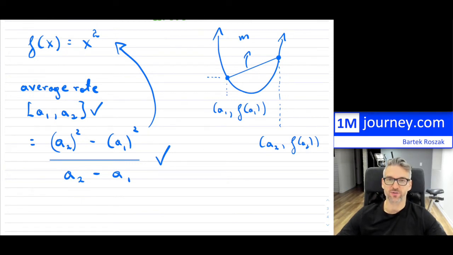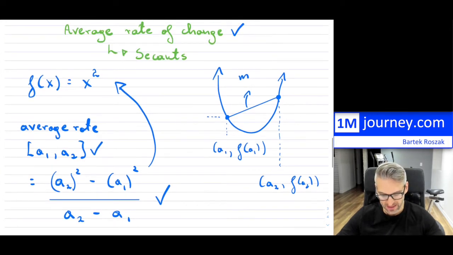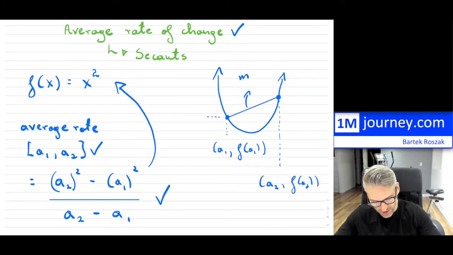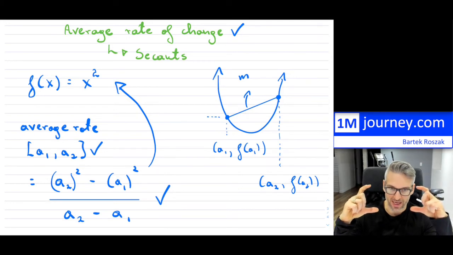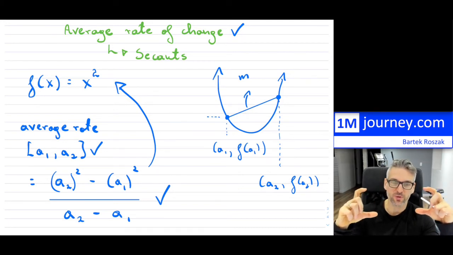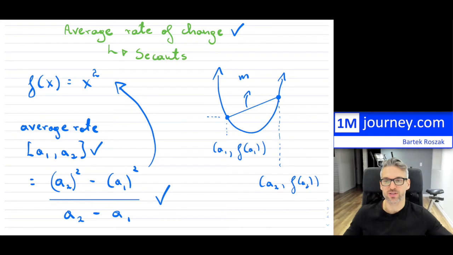That is our average rate. And our average rate of change is nothing else but simply a secant. So the secant is from here to here. And in order to define those secants, we can find the slope. We can actually find exactly what that particular line is. You have to be comfortable in doing that and understanding those secants.